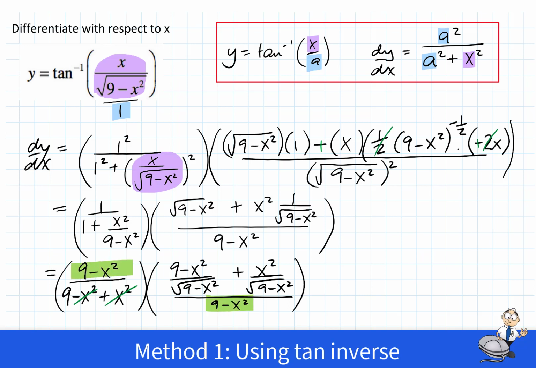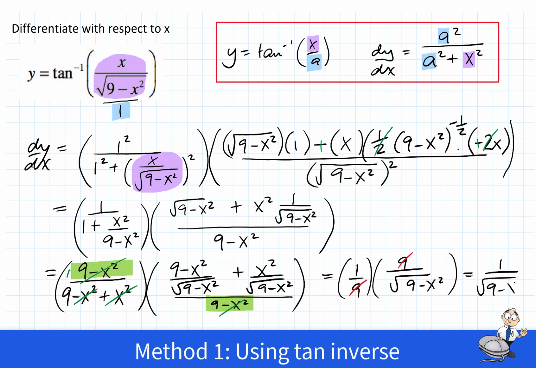And we see there is a cancellation here. 9 minus x squared goes into 9 minus x squared once. So I'm left with the following. Again, 9 goes into 9 once. So the final solution is 1 over the square root of 9 minus x squared. But it's quite complicated and long-winded to break down that original long-winded fraction to look like that.